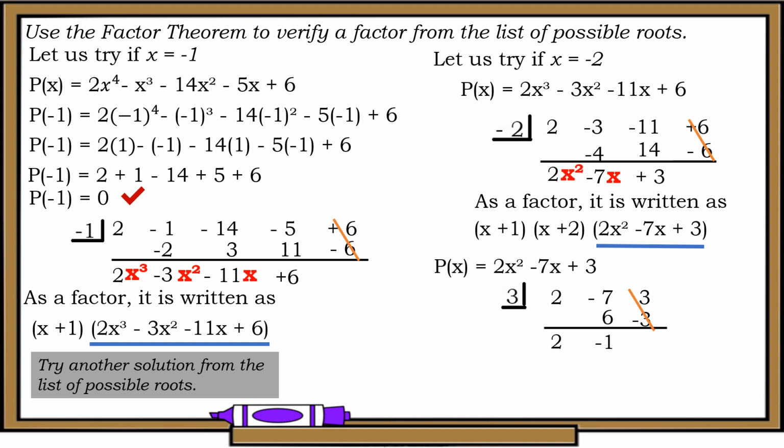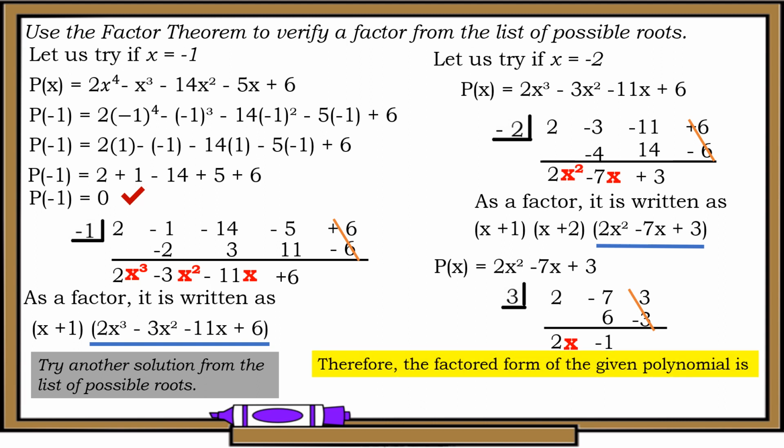So, negative 1 is the constant term. 2 here will be the coefficient of x. So, our new polynomial is 2x minus 1. Let us combine everything we factored. The factored form of the given polynomial is x plus 1 times x plus 2.